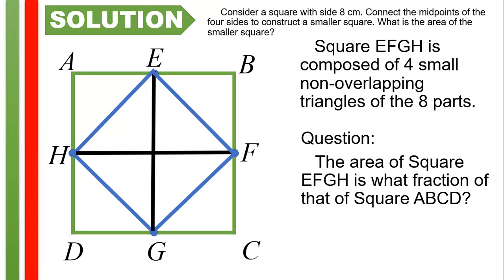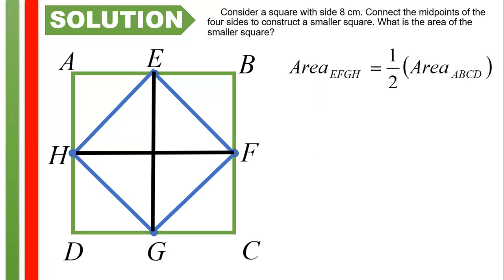If you answered 1/2, you are actually correct. Because if you could see, since EFGH here is 4 out of the 8 total parts, then the area of EFGH is 4/8 or 1/2 the area of square ABCD.